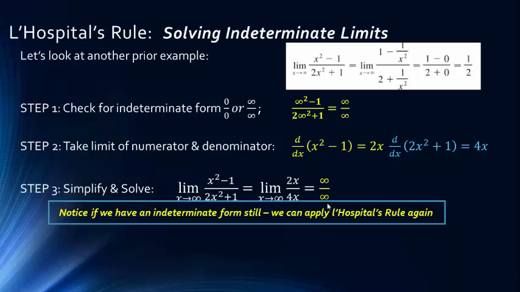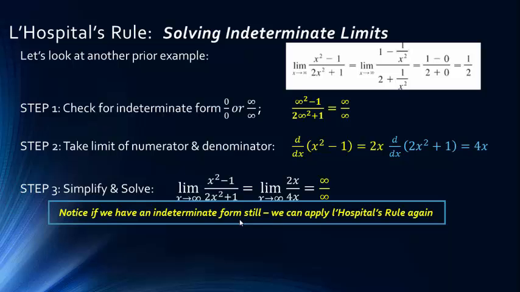So we can take the derivative again of both the numerator and the denominator. But we can only do that if after we've applied L'Hopital's rule one time, we also have an indeterminate form. This only works if we still have the indeterminate form of 0 over 0 or infinity over infinity.